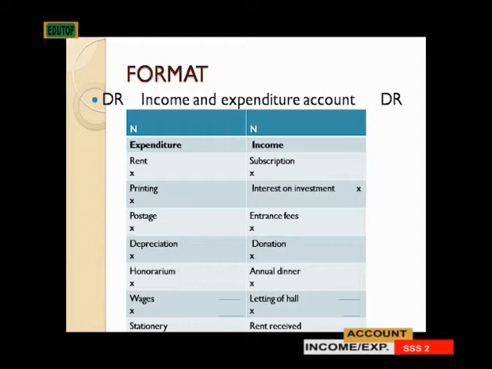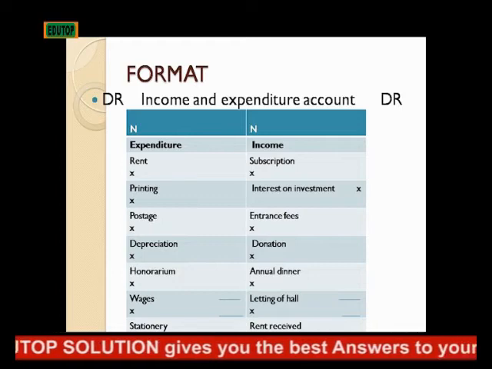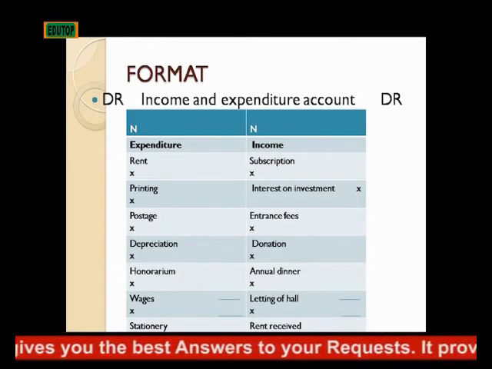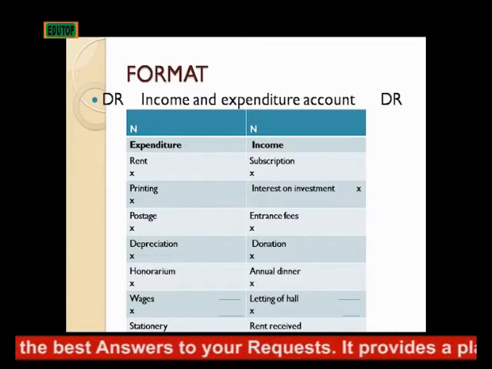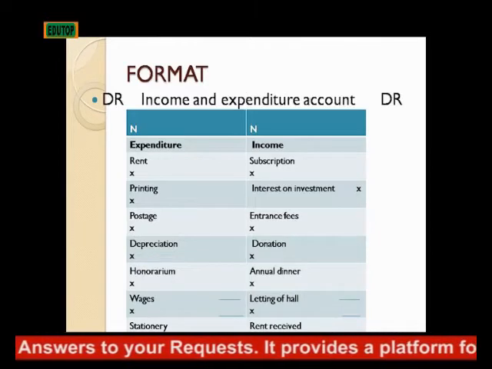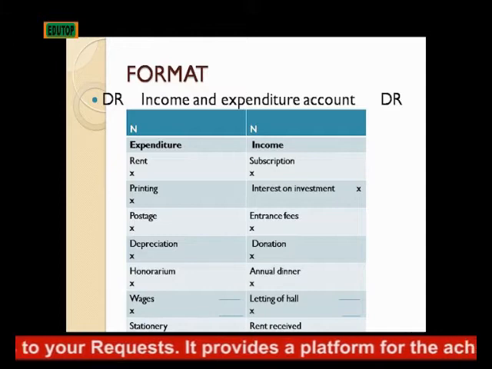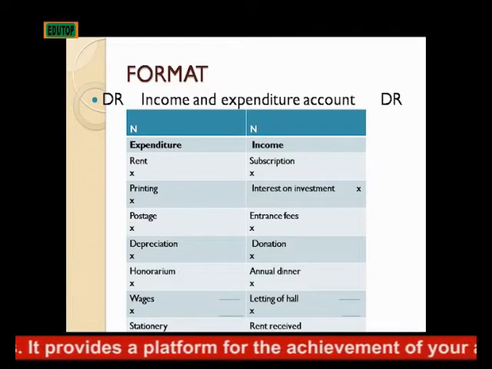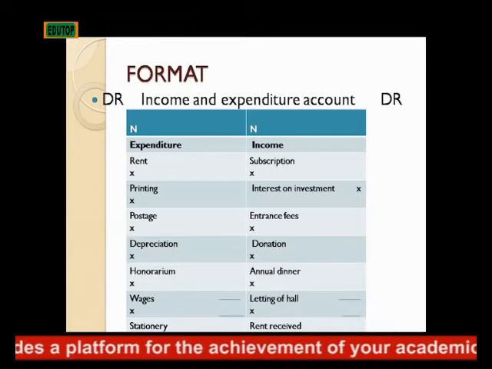This is the format of income and expenditure, where we have income on the credit side and expenditure on the debit side. As we all know, anything that has to do with income will be credited, while anything that has to do with expenditure has to be debited. This is the same thing as the expenses.